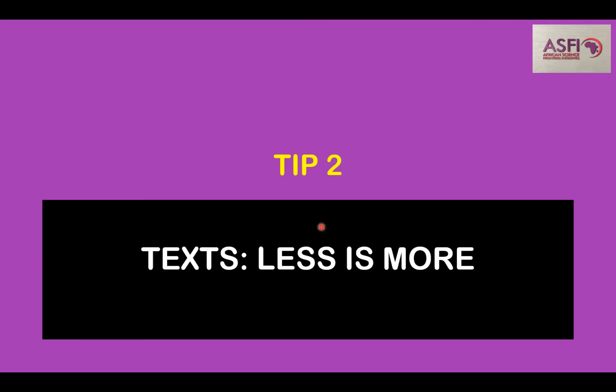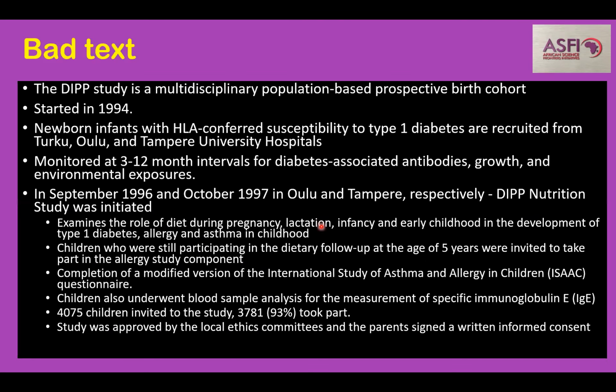All right. Now, this is an example. This study was the study I used when I did my doctoral degree. You can see what is happening here. You can see this is a bad text in a PowerPoint. You irritate people. There's too much text here. All right.